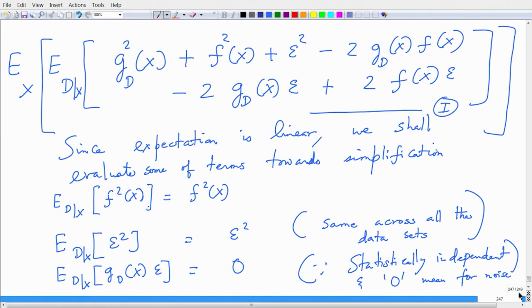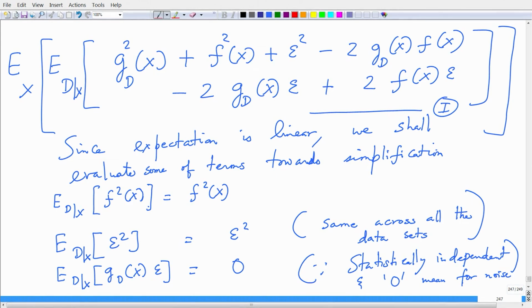So what we have is g_D square x plus f square x plus epsilon square minus 2 times g_D of x times f of x minus 2 times g_D of x times epsilon plus 2 times f of x times epsilon, and this averaging is over x and D, which I split conveniently in the form that I want, x and D given x, or I can do D and x given D. So whichever is convenient, and I can exchange these expectations to the level that is convenient to me.